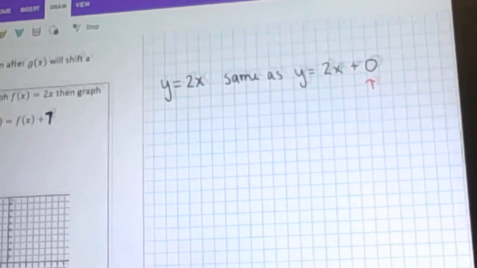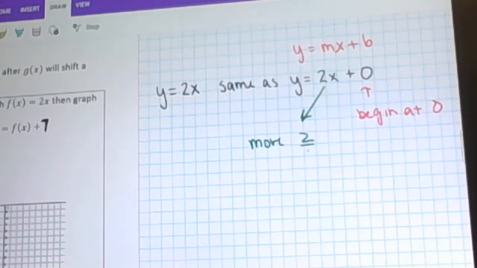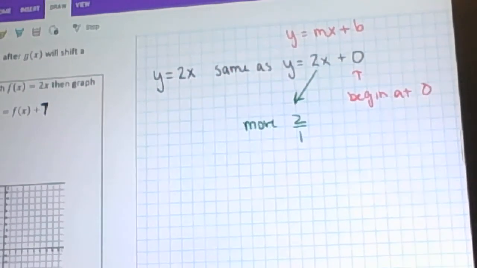So you put a dot at 0, 0. Then you go 2 over 1, right? We're going to begin at 0. And then M for movement, up 2 over 1.